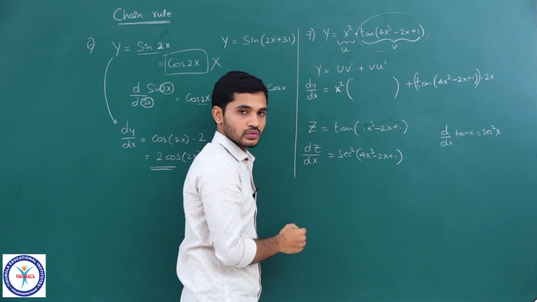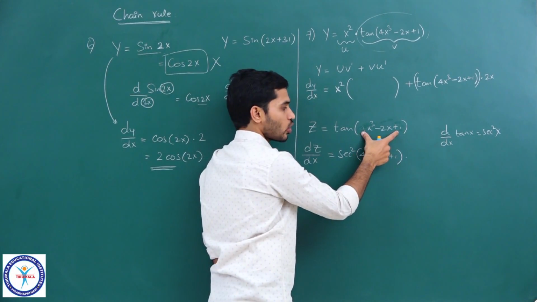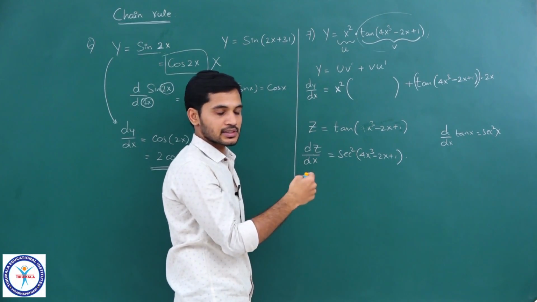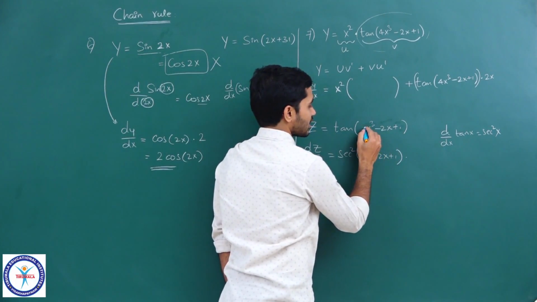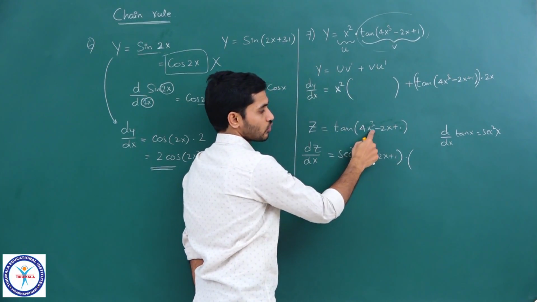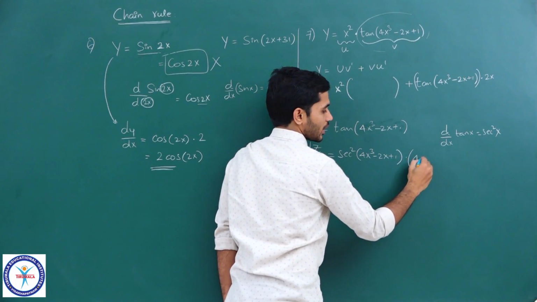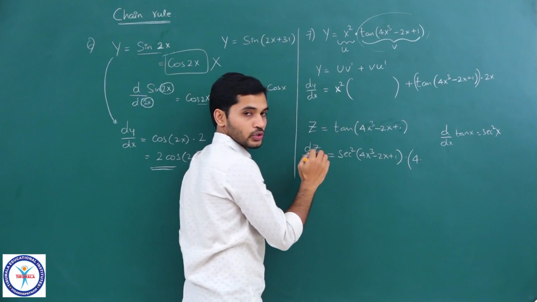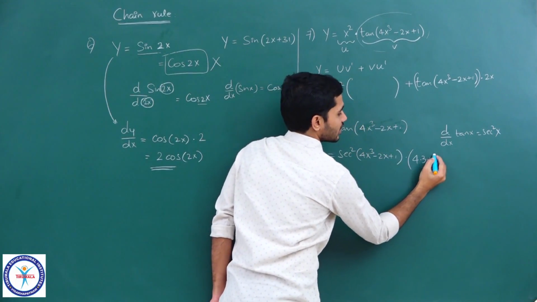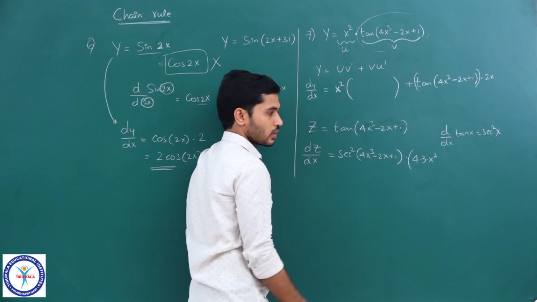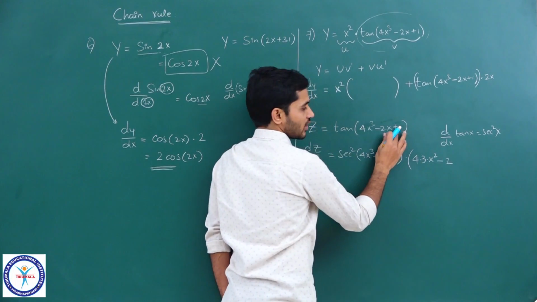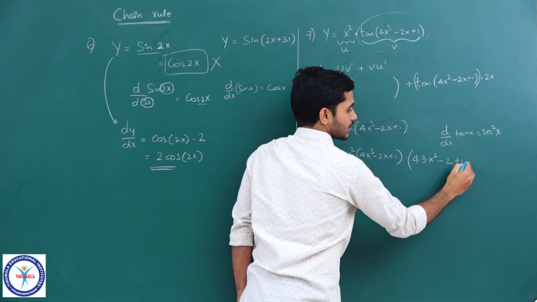Is it done now? No. Now, I have to differentiate whatever is that term inside, that something, with x. So, when I differentiate this with respect to x, what do I get? Differentiation of 4x cube: 4 into differentiation of x cube, which is 3 into x power 3 minus 1, which is 2, minus differentiation of 2x, which is 2, differentiation of 1, which is a constant, is 0.